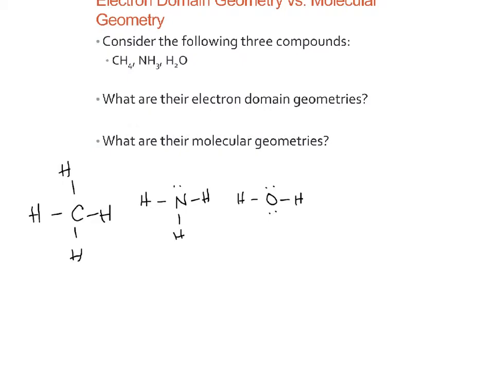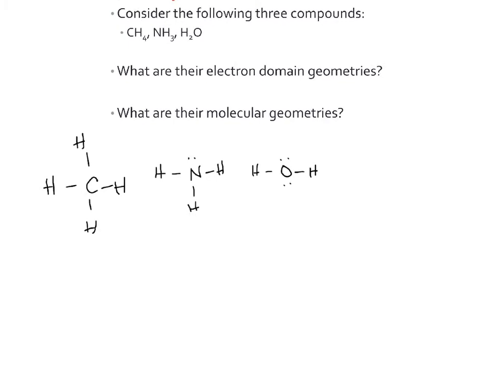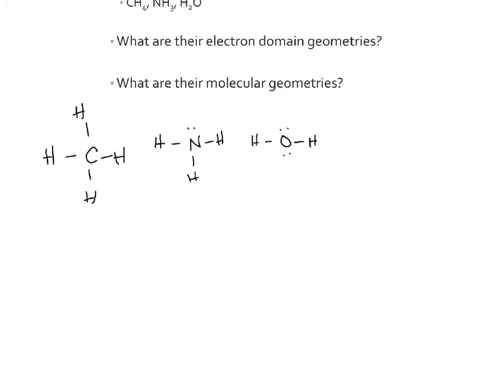Okay, now right below there, I'm going to do the second step. And the second step is how many electron domains are there. So if we take a look at the first one, methane, how many electron domains are around the carbon? Well, there's 1, 2, 3, and then 4. There's no lone pairs, so the total number of electron domains would be 4.